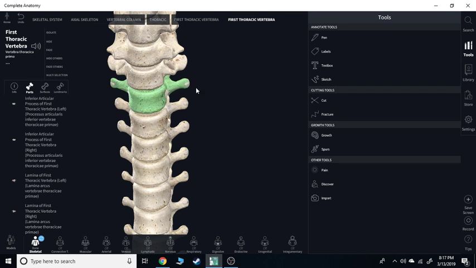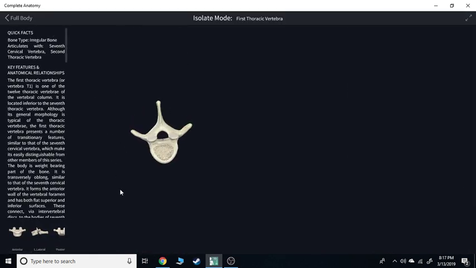So here we would have the first rib articulating. It does look a lot different. They change shape as you go down, but we still have this vertebral foramen, and we still have this transverse process.